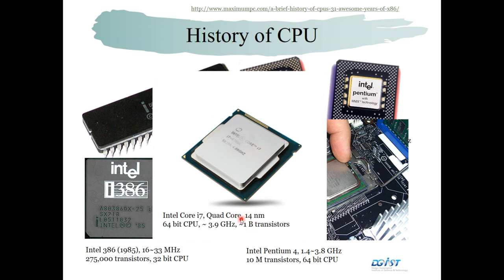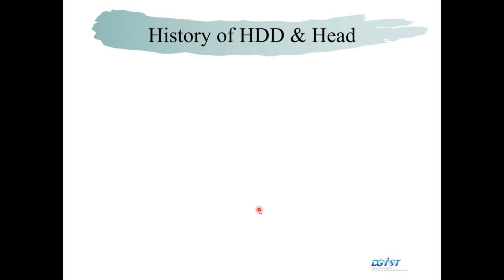And also, I wrote down some numbers, the length scale of 14 nanometer. This is called the gate line, or the size of the pattern in this CPU.